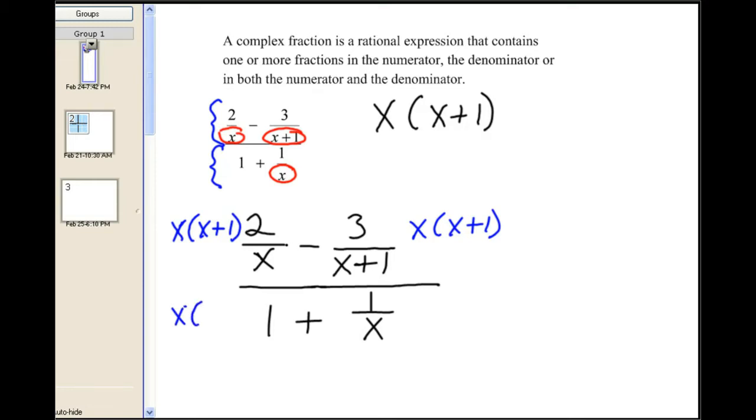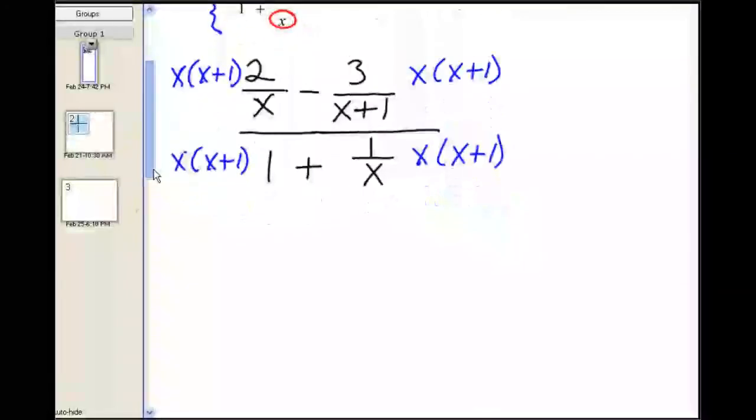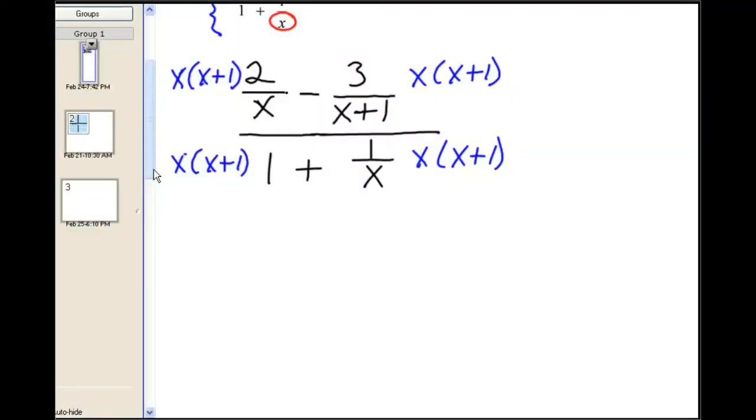Even if the term is not a fraction, all terms are multiplied by the least common denominator. Now we can simplify our expression further. The first term, the x's will cancel, and you're left with 2 times x plus 1 minus.